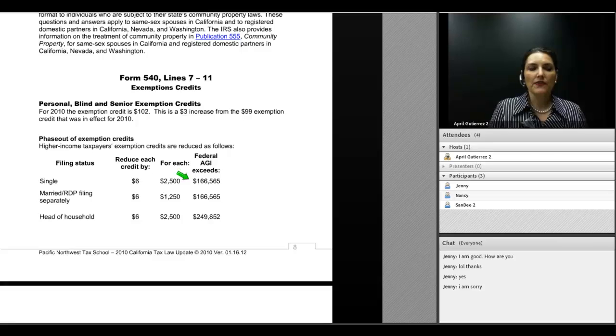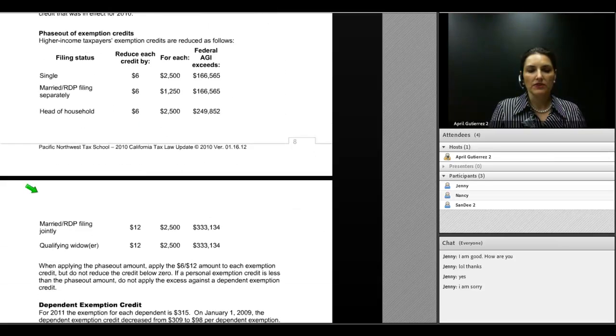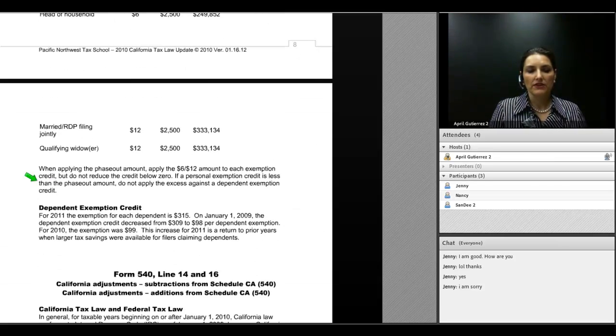And the phase out works as follows. If your filing status is single and your federal adjusted gross income exceeds $166,565, then your exemption credit is reduced by $6 for each $2,500 that your income exceeds this threshold amount. And of course, your filing status will dictate what that threshold amount is where the phase out begins.